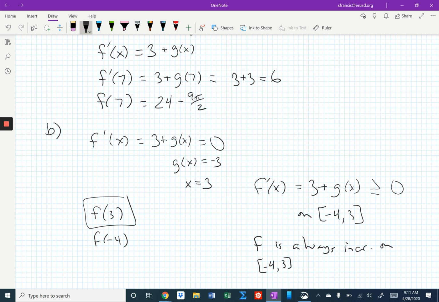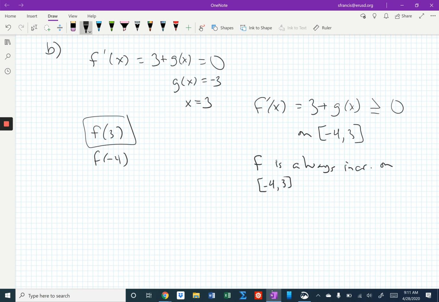And if f is always increasing on [-4, 3], therefore f has its max at x equals 3. If a function's always increasing, then it's going to take its maximum value at the right-hand endpoint and its minimum value at the left-hand endpoint. And if a function's always decreasing, then it's going to take its max at its left-hand endpoint and its minimum at its right-hand endpoint. So this is a way that you could have gotten the answer.